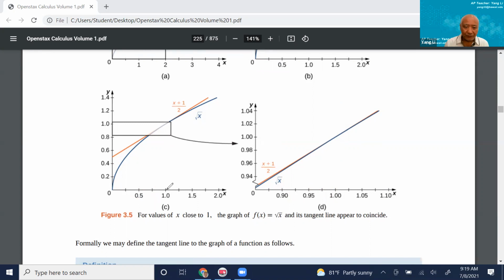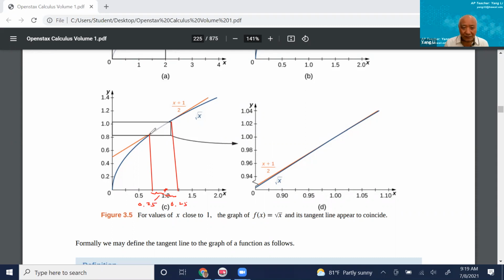This one is still 1. Instead of going through the 0.5 intervals from the left and the right, we can go even closer, like this. Here it is only 0.25, and here also 0.25.